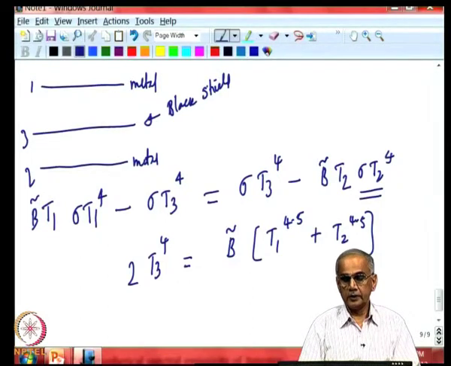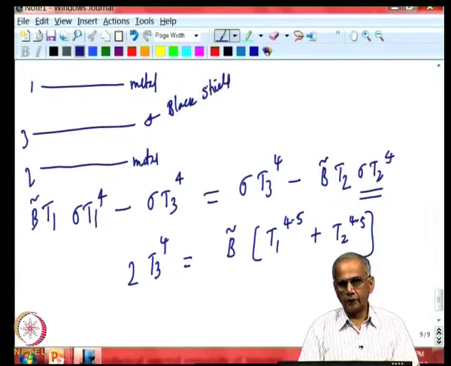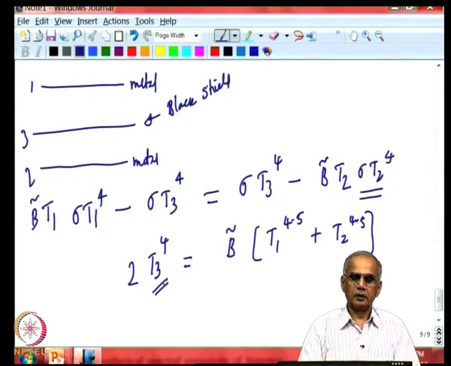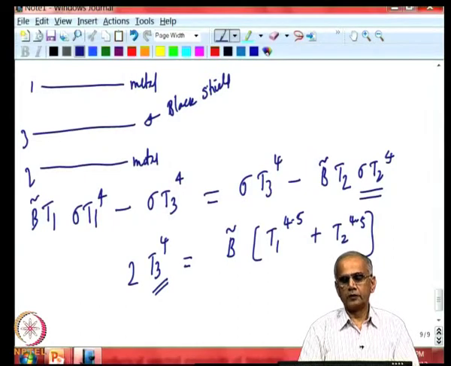So, you can see that in this case the result is somewhat different from what we got for the metal shield between two black plates, and this is not surprising, because the black shield emits as T 3 to the power of 4. So, the final result must depend on that.